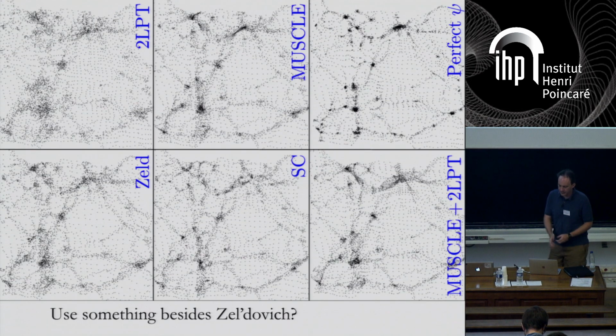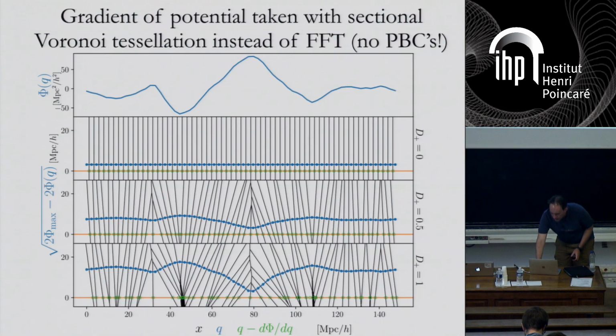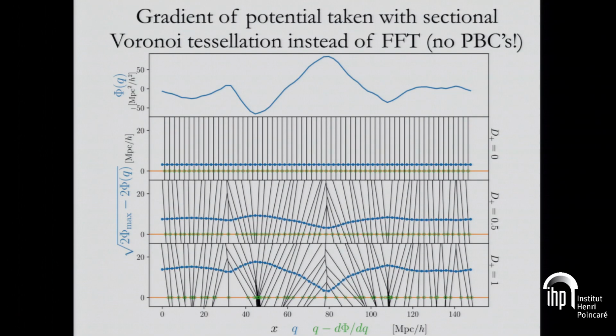I'll skip that. So maybe it could be a bit helpful to look at what happens in this case in 1D. In 2D it was a bit confusing. It's also probably a bit confusing in 1D. But I'll show you how a one-dimensional cosmic web comes from this potential.